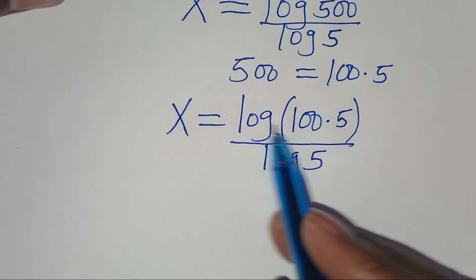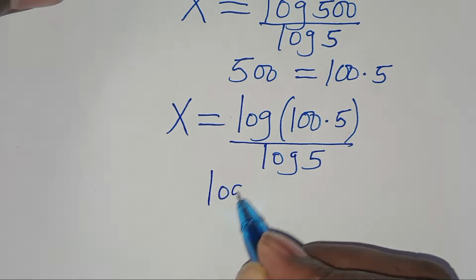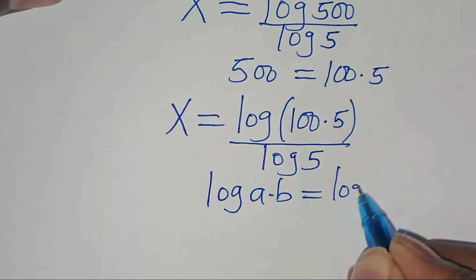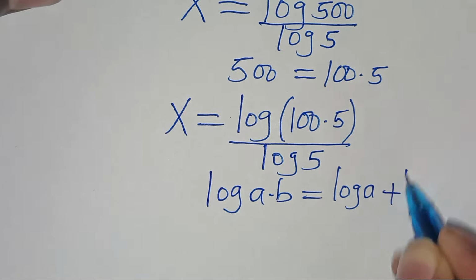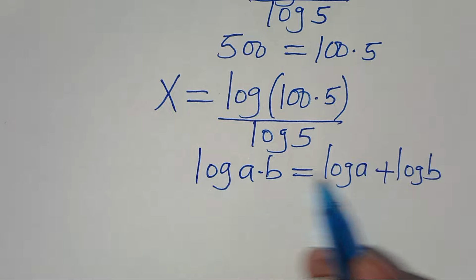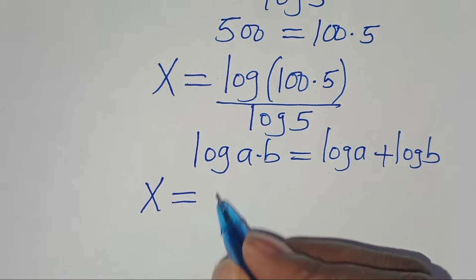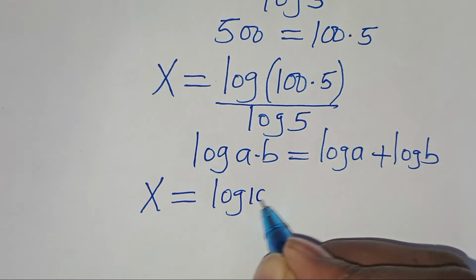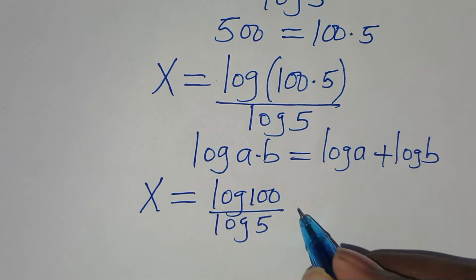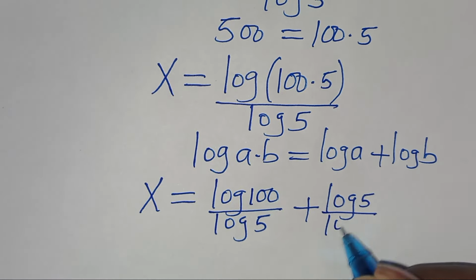The next step is that log 100 times 5 is in the form of log a times b, which we can express as log a plus log b. Applying this logarithm property, then we have that x is equal to log 100 divided by log 5, plus log 5 divided by log 5.